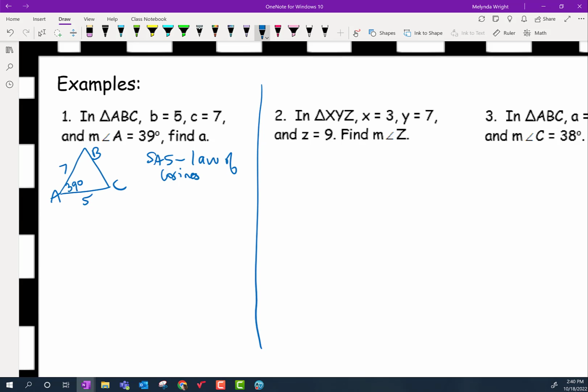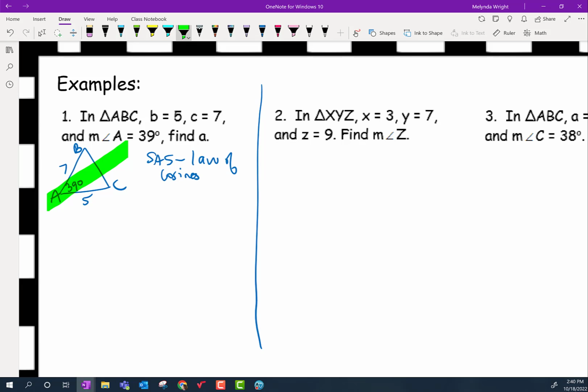Let me fix this B, it's down a little bit low. I only know one angle measure, so that's what I'm going to use. My anchor is this, straight across from each other.